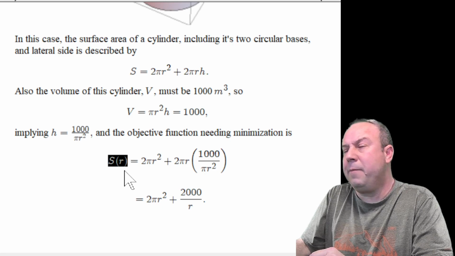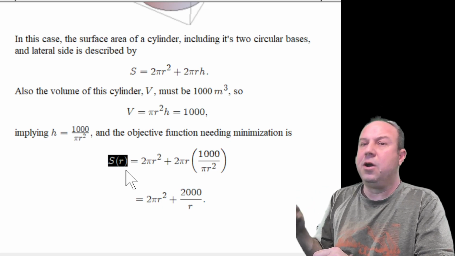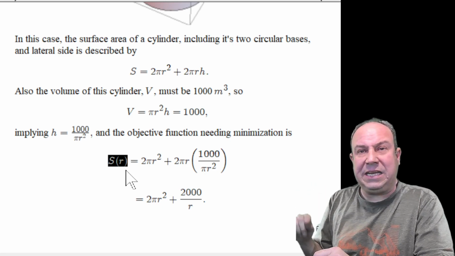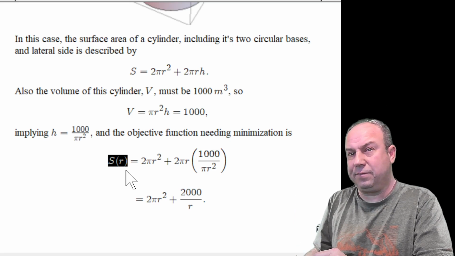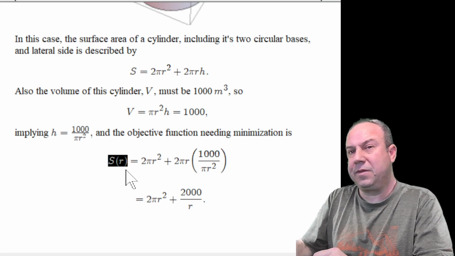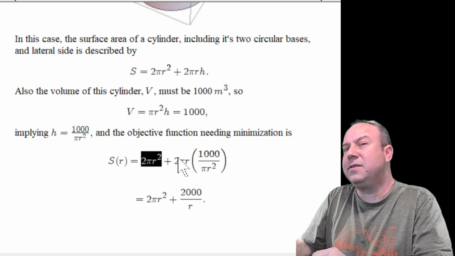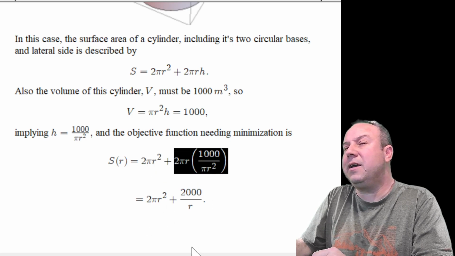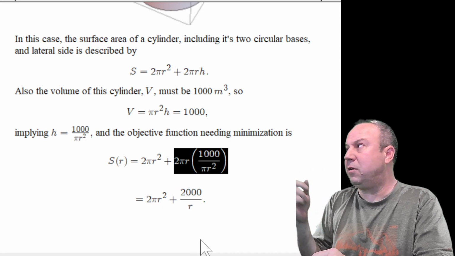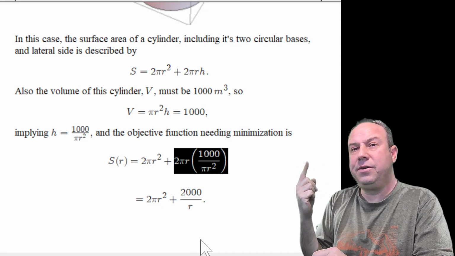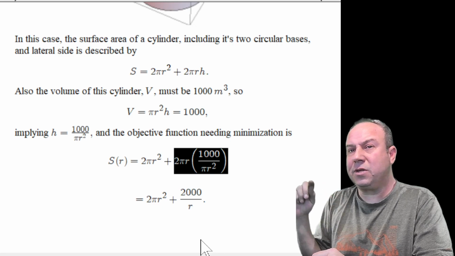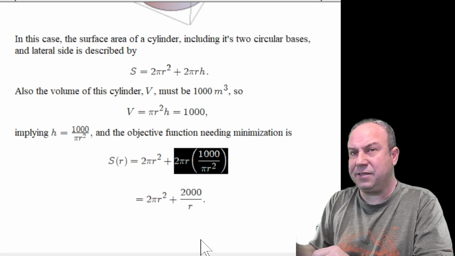Surface area for this cylinder based upon just the radius of the cylinder. It is the area of the two bases based upon radius added to the area of the lateral edge, which is now also expressed in terms of just the radius.